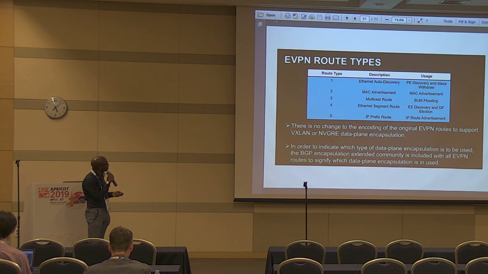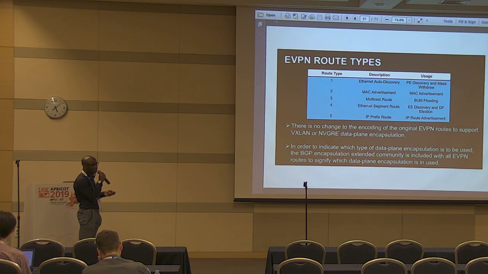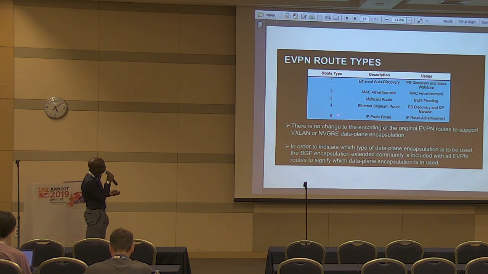Route type 5, although not part of the original EVPN RFC, allows IP connectivity, so prefix connectivity, similar to your IP VRF, multi-tenancy and so on. Your type 5 is the IP prefix, and it's used to advertise IP routes.